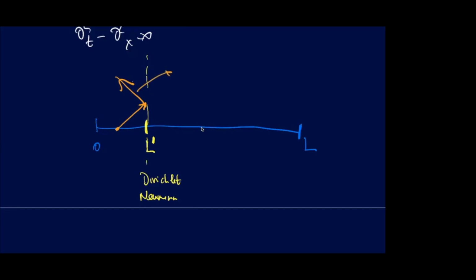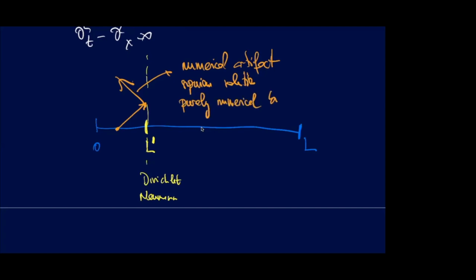So this will become a numerical artifact. This is a spurious solution, simply meaning that this is a purely numerical but not true solution.